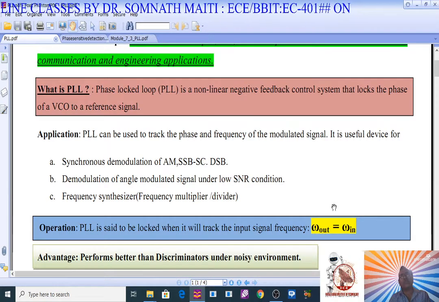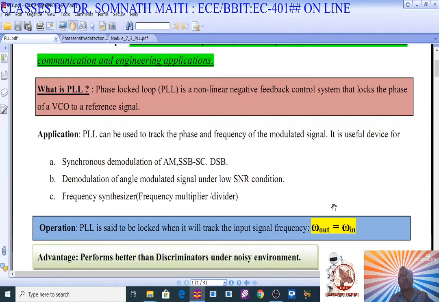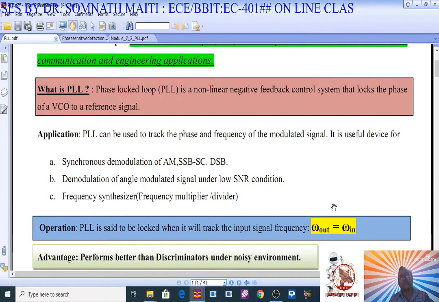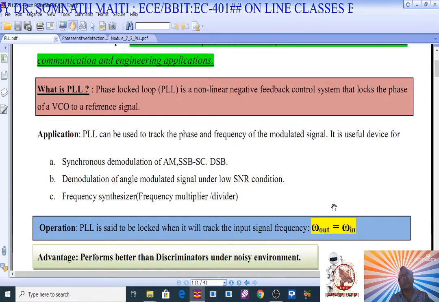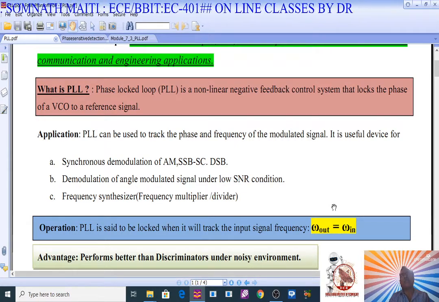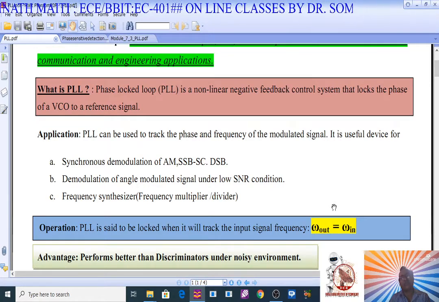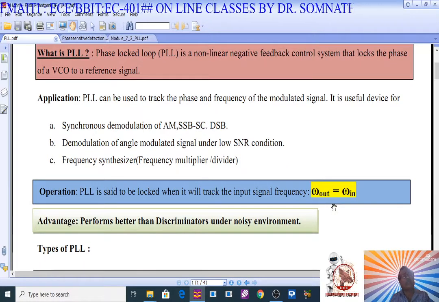That means you start with, let's say, 200 kilohertz. You can multiply it by a factor of 2 to get 400, or a factor of 3 or 8. So you can multiply it by any factor to generate any frequency from the starting frequency. This is the synthesizer operation.